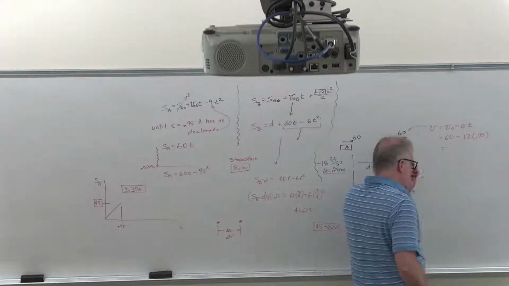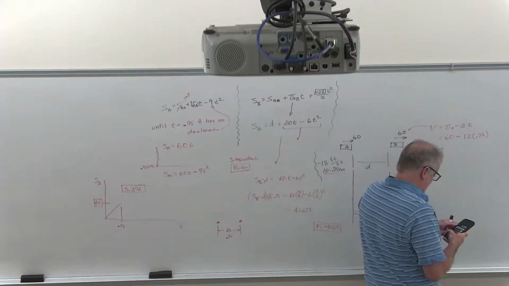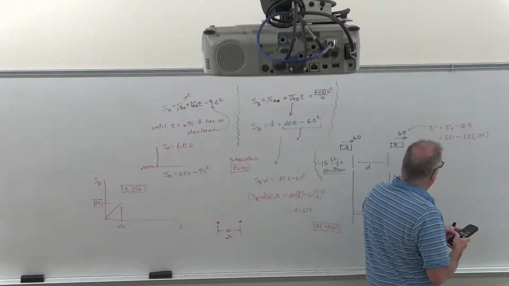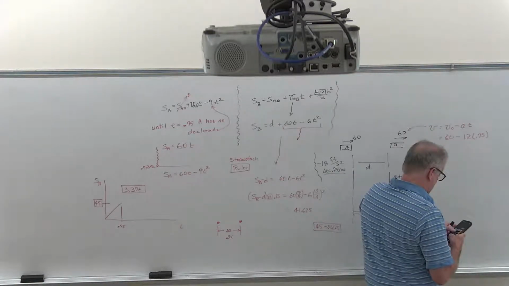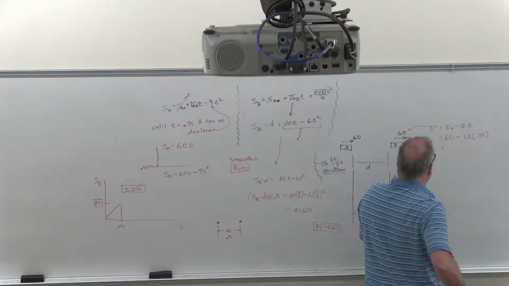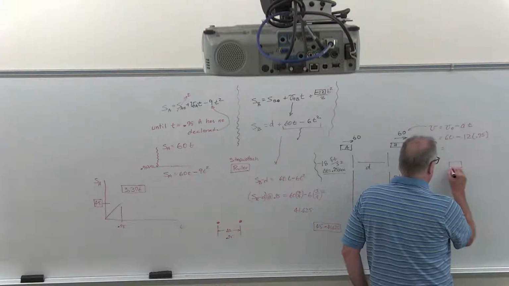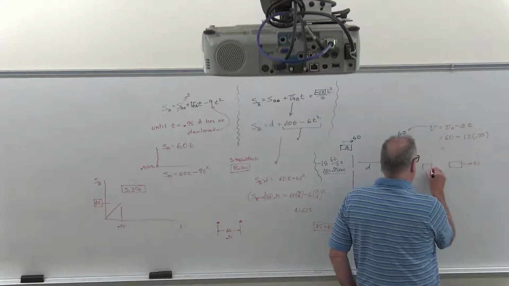So if we restart the problem at the instant that guy hit the brakes, then we get 12 times 0.75, 60 minus 9, or 51. So now I've got a new problem where this guy's going 51, and this guy's going 60.